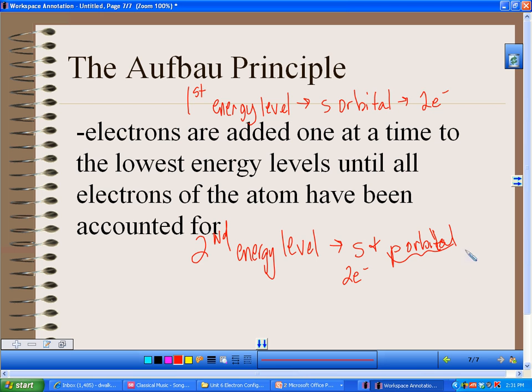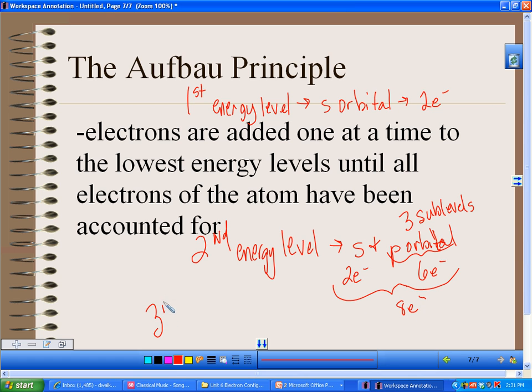This P orbital has 3 sublevels. So I can put 1 electron in each of them and then come back and fill up for a total of 6 electrons. 3 sublevels, each of them holds 2 electrons, so 3 times 2 is where I'm getting that 6. On the second energy level, I have now placed 8 electrons.